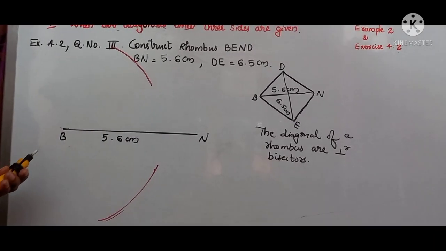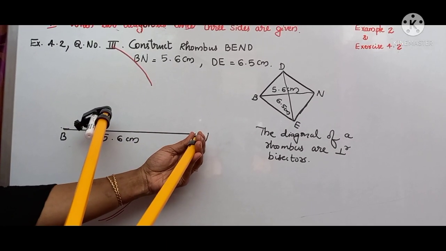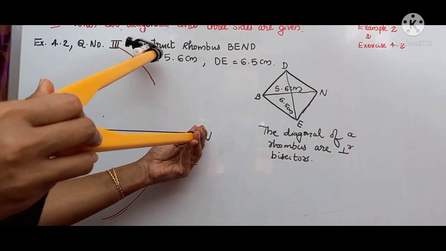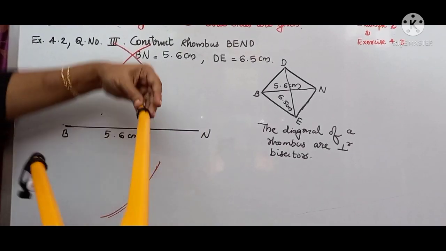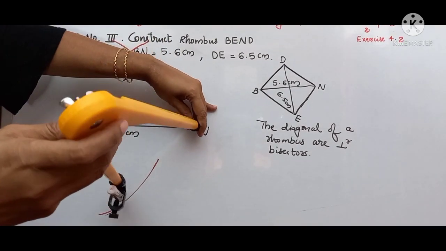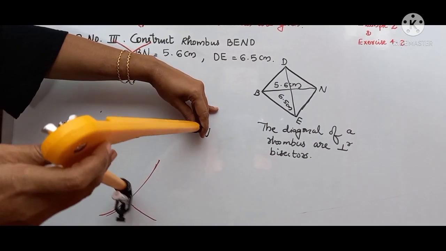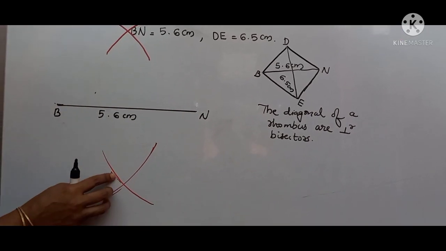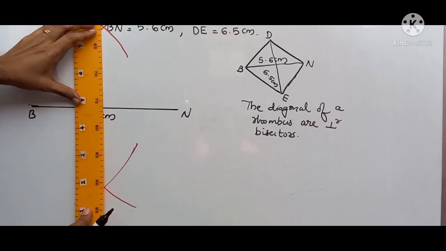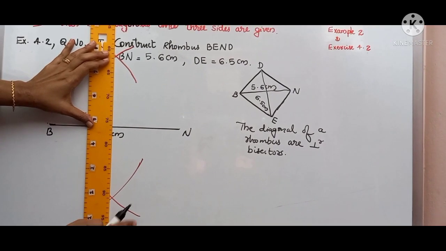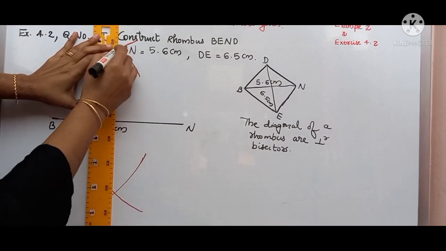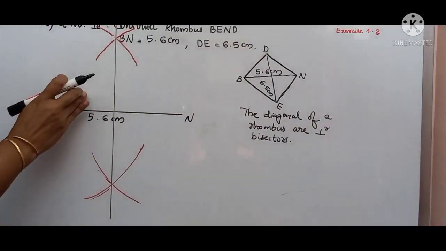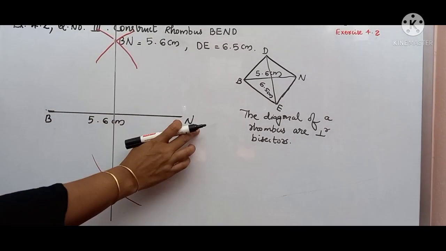And similarly, pointing on the other side, point N, draw an arc like this way, and down also we have to draw that arc. Now we have got the point of intersection of these arcs. Just join this. Here this is the perpendicular bisector for this line segment BN.